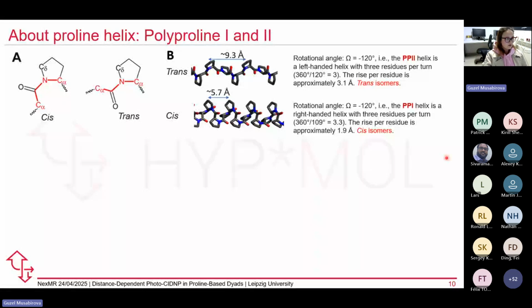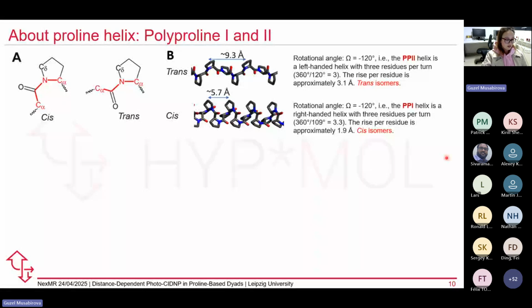And what we observed from the synthesized dyad system: when we have only 3 prolines, this is the red line for NH dyads and N-butyl dyads, we have not observed this fingerprint from the PP2 helix, but with increasing proline residues, we see that the typical pattern of the PP2 helix becomes more enhanced.